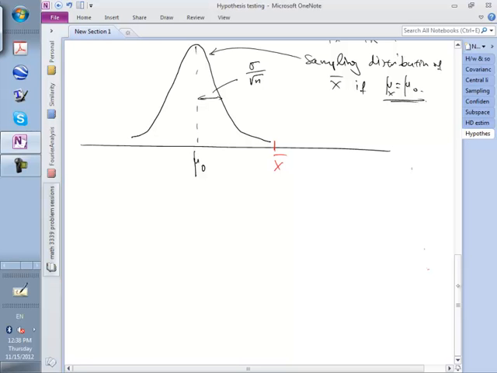Okay, now I need to formalize that procedure. I can't have that procedure being intuitive. I have to formalize it. And moreover, I want to make a formal determination of my probability of error. Suppose that I made an error of judgment.